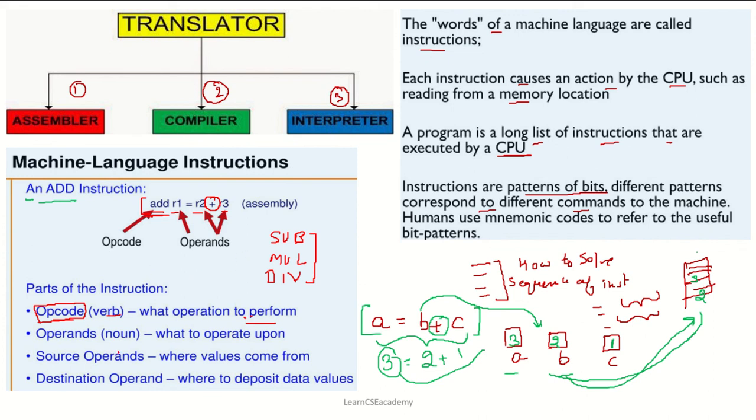Operands are the nouns, what to operate upon. Here the operands are registers on whose values we apply the operation. The source operand is where the values come from, and the destination operand is where the result will be stored. This is how an addition instruction is written in assembly language.